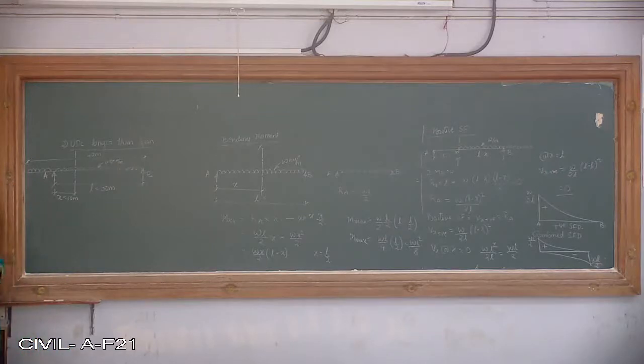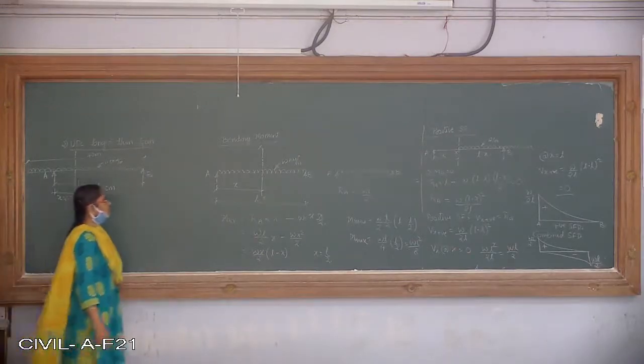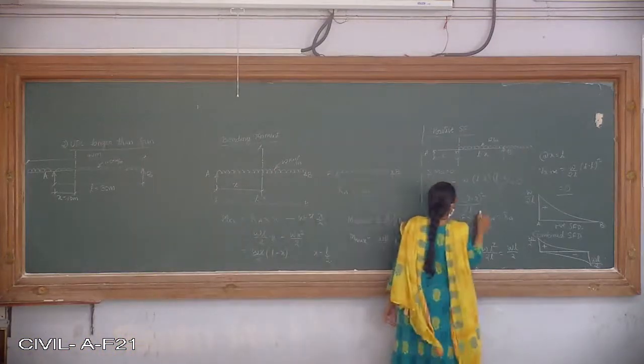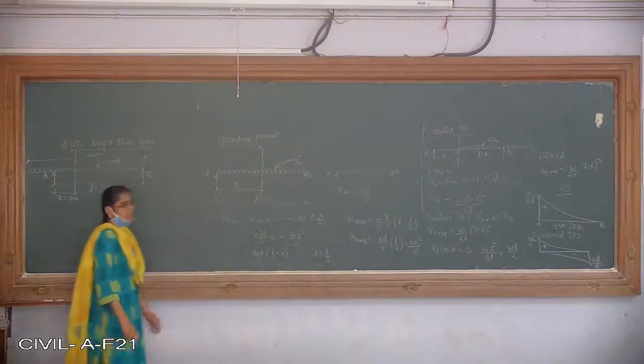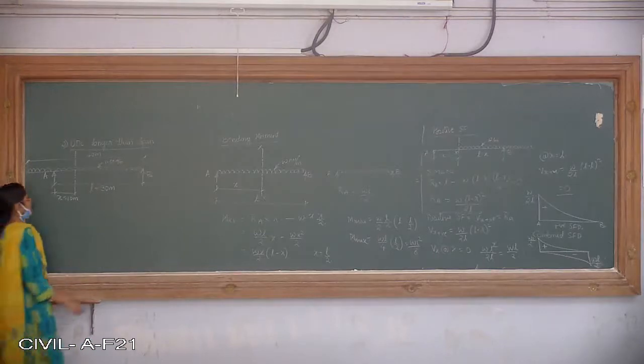You are supposed to calculate the maximum positive shear force and maximum negative shear force, and also the maximum bending moment. So maximum positive shear force is equal to Ra, which by the UDL formula is W into L minus X whole square by 2L. We shall substitute in that expression.